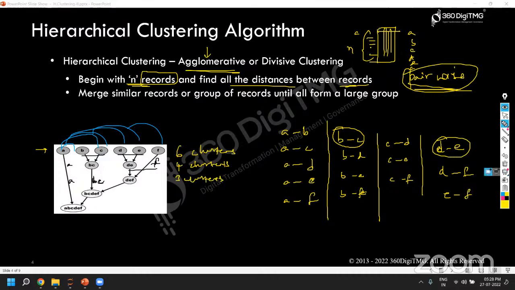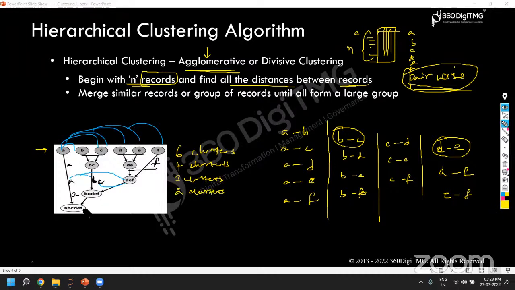Then what do we do? We again repeat the process: A to BC, A to DEF, and BC to DEF. Right? So this way we measure the distances. Again, we will merge, and we find that now we have only 2 clusters. So here BC and DEF are merged together. So I'm going to have only 2 clusters.